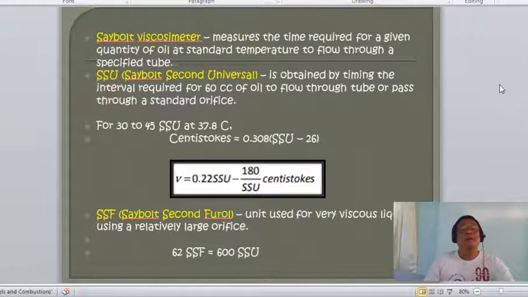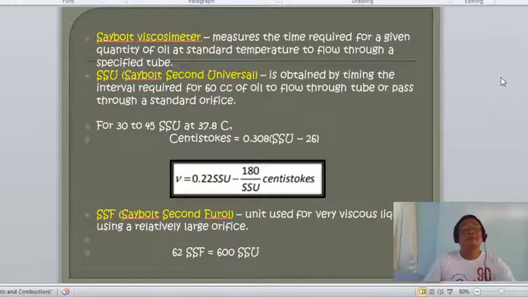Another, we have the Saybolt viscosimeter. This is the instrument used to identify the viscosity. This measures the time required for a given quantity of oil at standard temperature to flow through a specified tube or orifice.